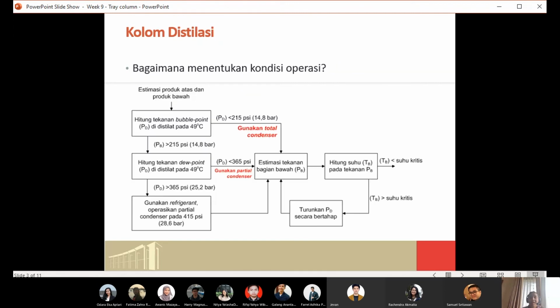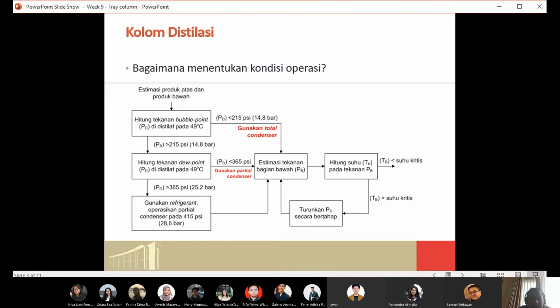And then first I would like to discuss how to deal with the distillation column. First we have to learn how to define the operating condition for the distillation column. I believe you already learned this in process design: how to define the operating condition for the distillation column.